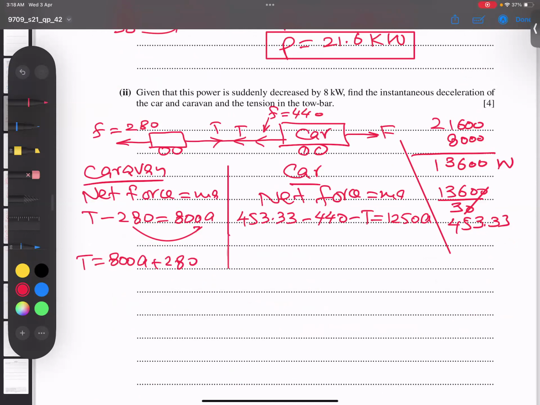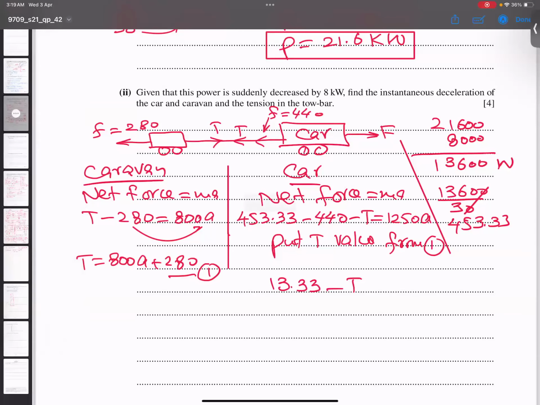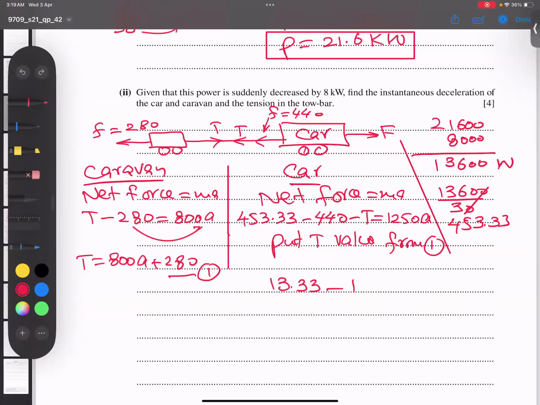This value of T I'm going to plug in here. So I'm showing here equation number 1, and I put the T value from equation 1. Now I type in the calculator: 453.33 minus 440, after subtracting these two values, I get 13.33. 13.33 minus tension, and the tension value I will use from here, this whole thing in a bracket, equals 1250 acceleration.